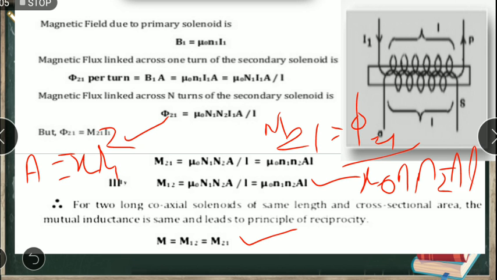Okay, you only have to remember the final expression, which is mu naught n1 n2 pi r1 square divided by L.